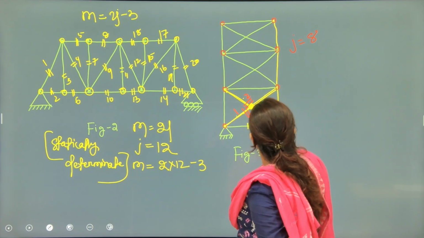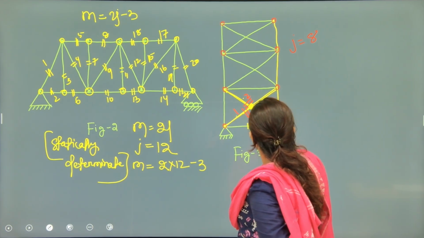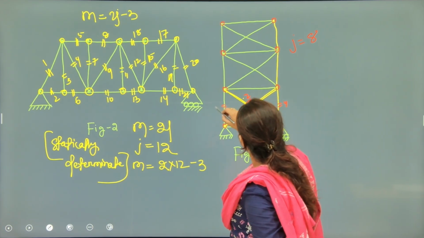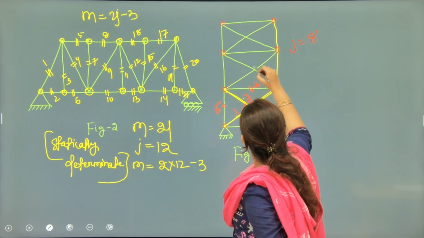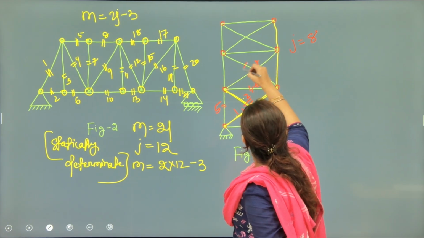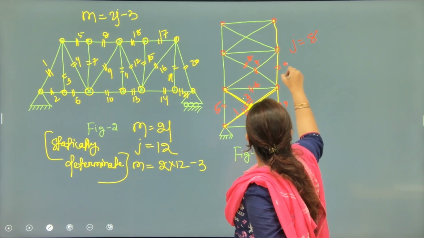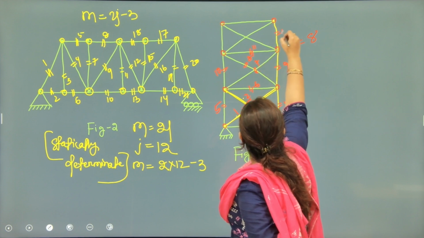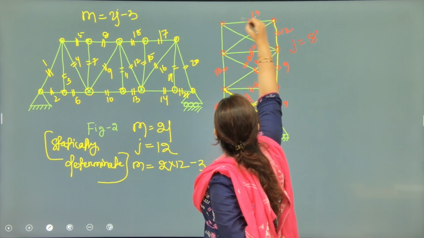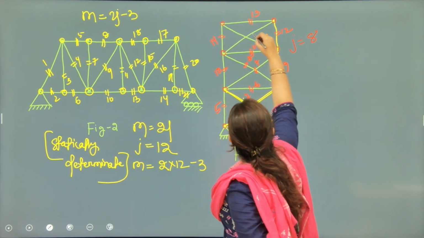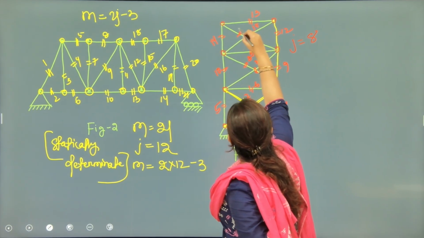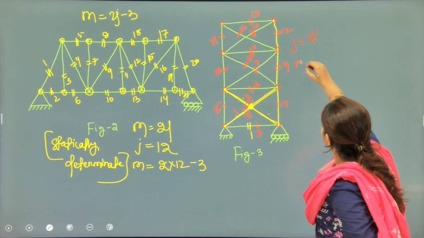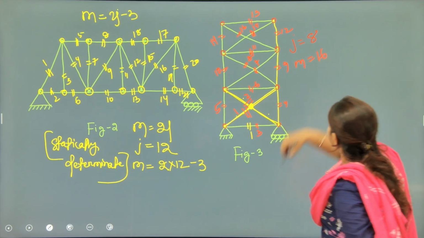Then 3, 4, 5, 6, 7, 8, and so the number of members is 16.